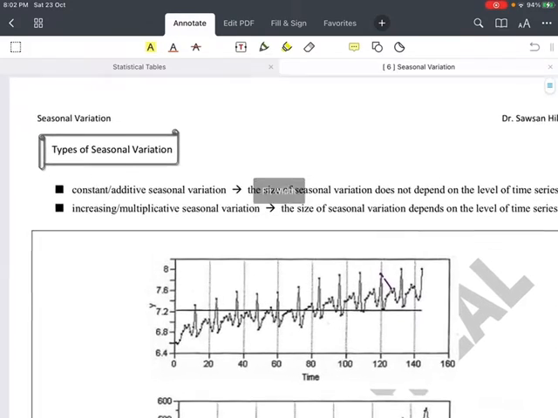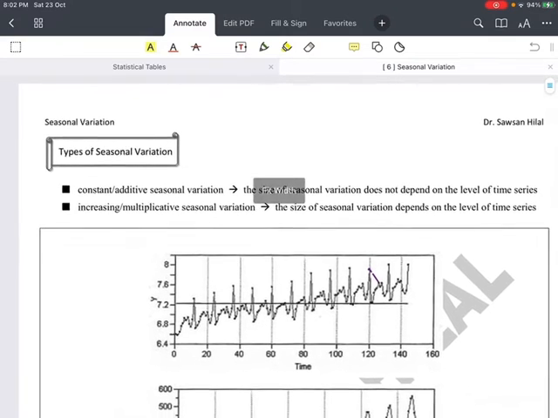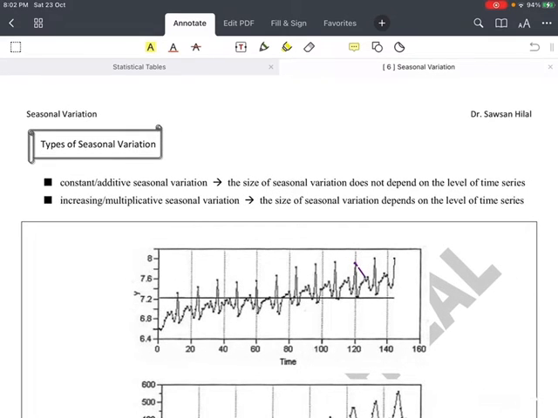We will complete the second component of the time series. In the beginning we talked about the trend, which was the first component of the time series. In this chapter we will talk about the second component, called the seasonal variation.